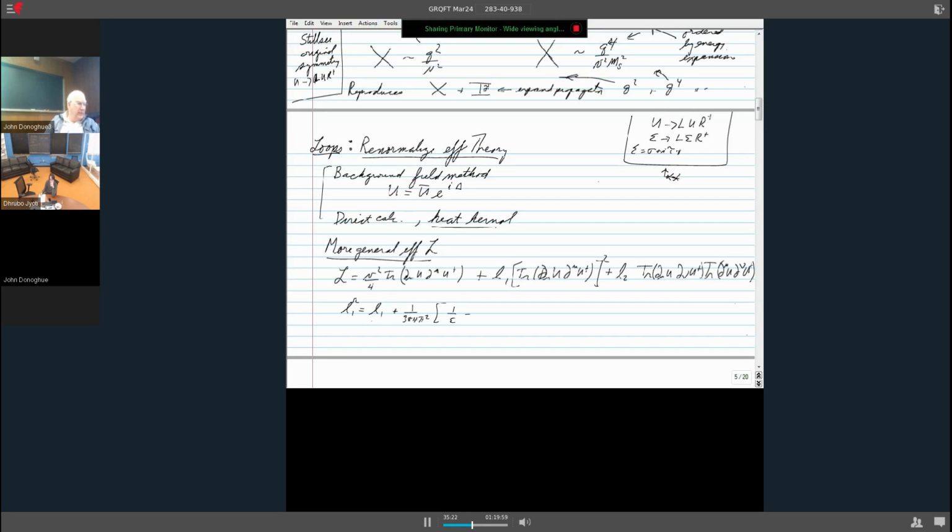When we did this calculation, at that stage I showed you the end results. It's equivalent to the following. You get infinities.